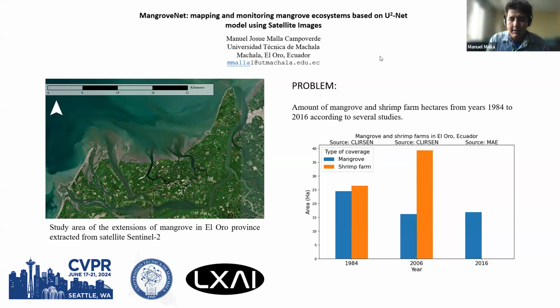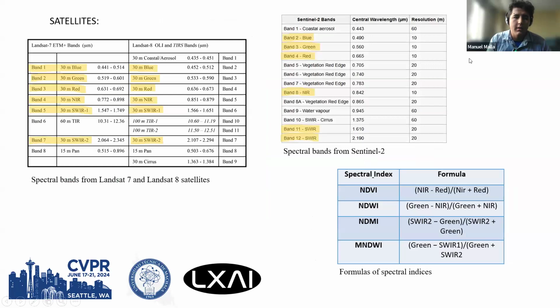But as the title of the research mentions, satellite images. So which satellites are we going to use? Three satellites: Landsat 7, Landsat 8, and Sentinel-2.